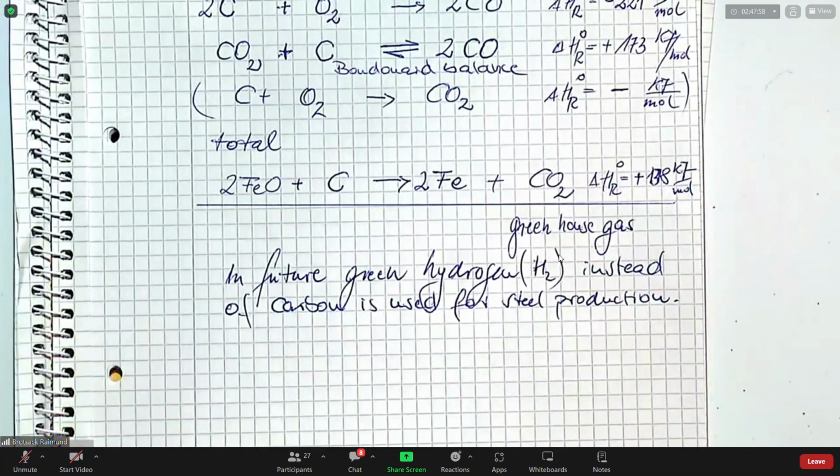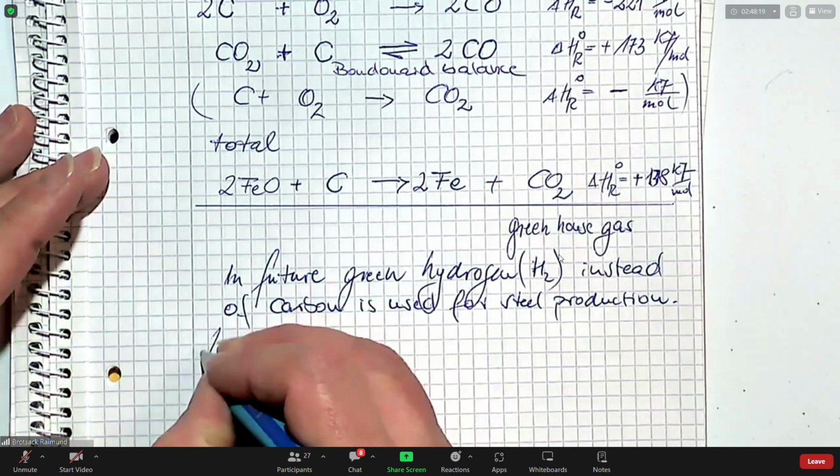As a kind of homework, please create the overall redox reaction for steel production instead of usage of carbon with hydrogen. So you have the iron oxide, and you have to produce elementary iron using hydrogen.